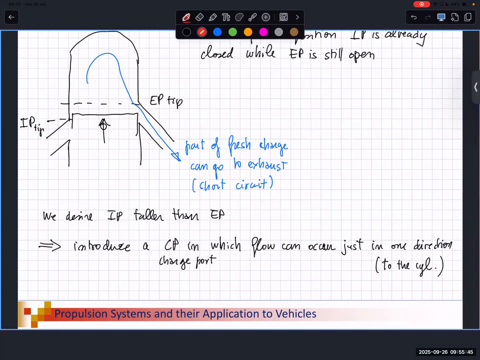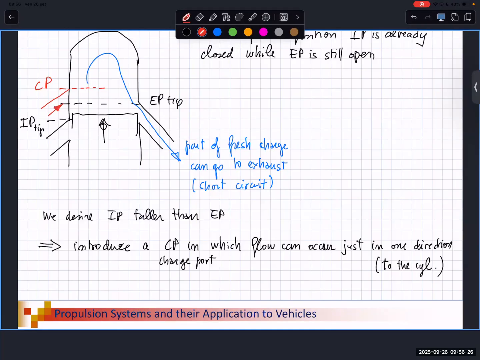So here we have to put a charge port that is taller than the exhaust one. When the piston is going up, we close the intake port, but we are able to open the charge port, and we have to consider some devices that can avoid the passage of the flow of the charge from the cylinder to the charge port. So in the charge port, I should consider just the passage in this direction according to the arrow and not in the opposite one.